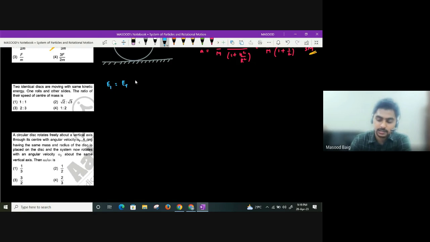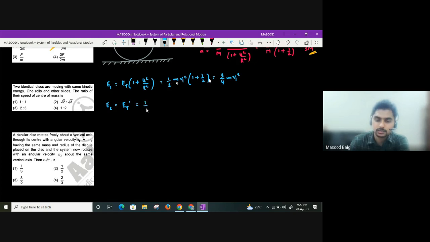I can write it as E1 = (1/2)mV1² (1 + k²/r²). The second one is only sliding, so it will have only translational kinetic energy. The masses are the same since the disks are identical. What is k²/r² for a disk? It is 1/2 again, so I get (3/4)mV1².